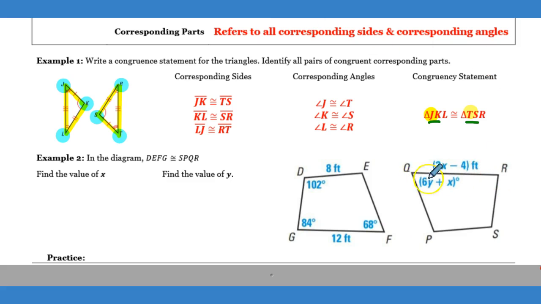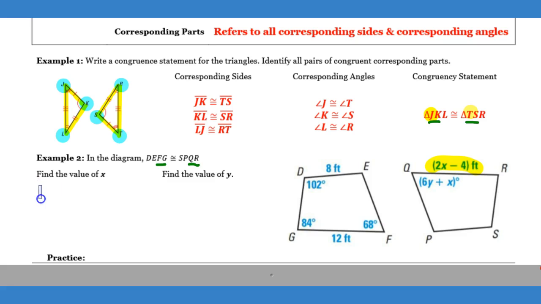Notice x is this line QR, segment QR. Now QR lines up with FG. So if I want to solve for this x value, then I want to set QR equal to FG. And then I can just solve from there.